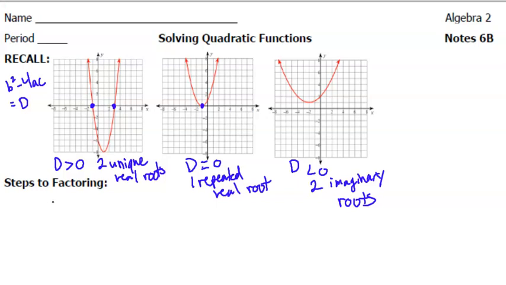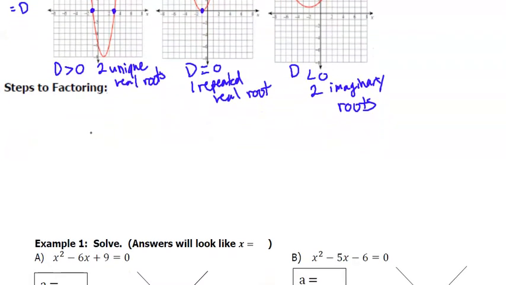Let's recall the steps to factoring from our previous notes. Remember, the first thing you want to do, step 0, would be to factor out the greatest common factor if possible.